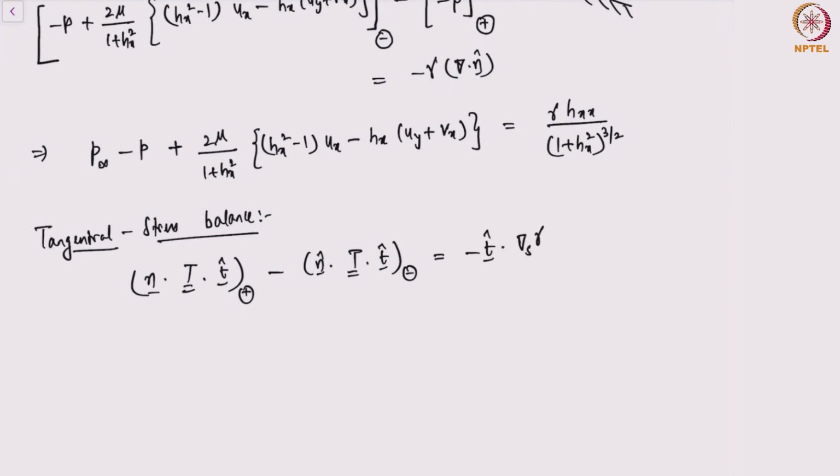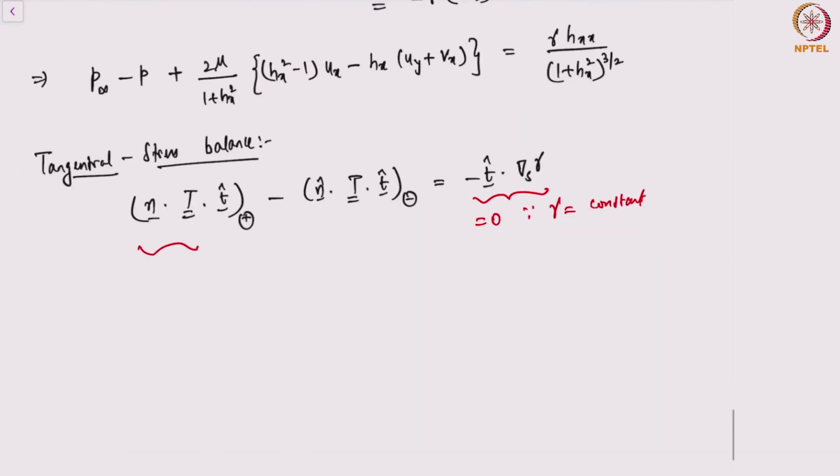We know the Marangoni stress term is 0 since gamma is constant. We also know this term is 0 since mu of the fluid above is 0.